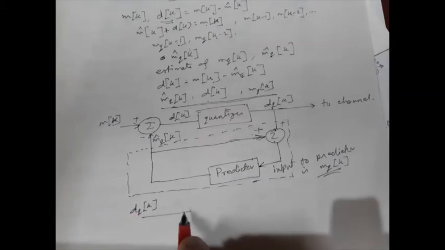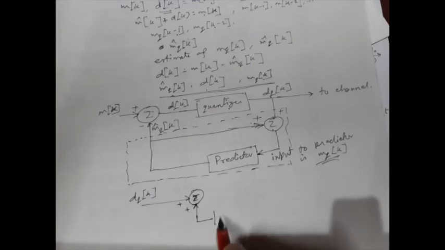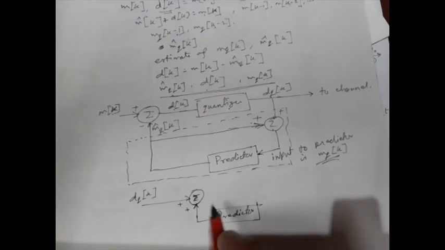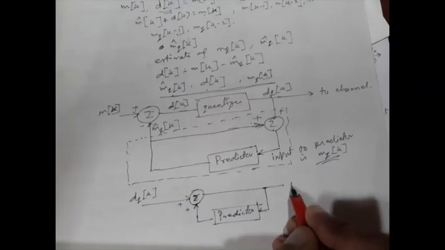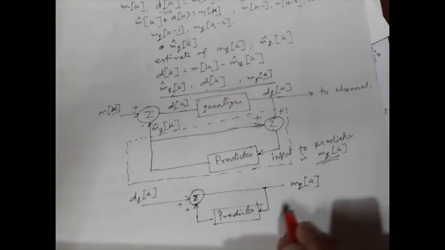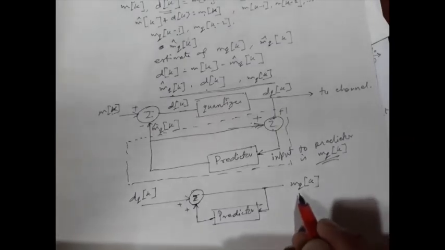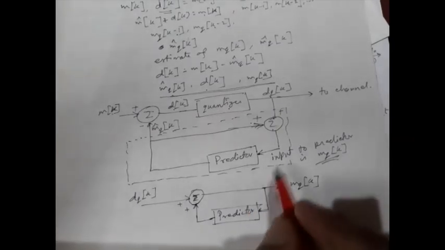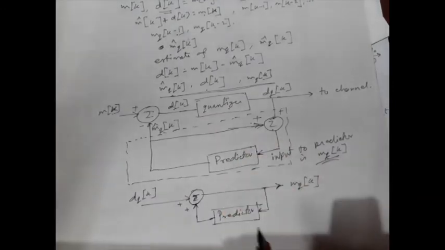At the demodulator, we have a predictor. So input to the predictor, if it is MQK, then everything will work. So let us see how it works.